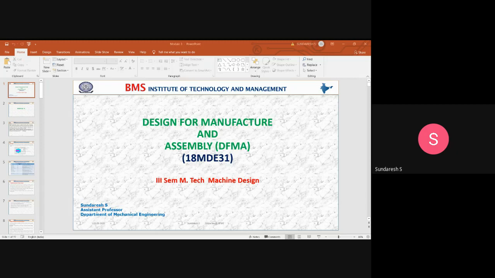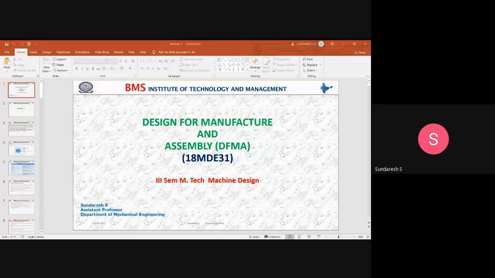Material contributes around 25 to 30%, and the later part is the manufacturing processes. Wherever we are able to minimize the cost, definitely it will contribute to the final price of the component. So this is very important.